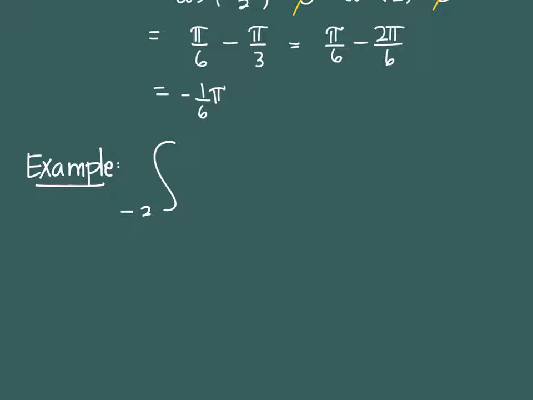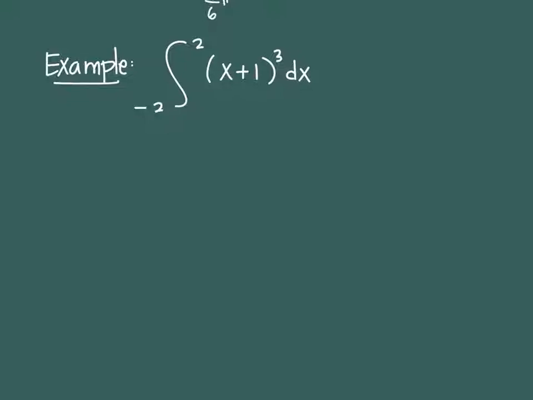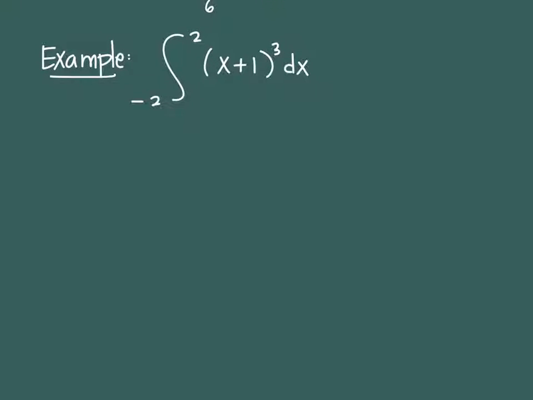All right, let's go from negative 2 to 2 of the function x plus 1 to the third. So this is a cubic function. Cubics are those snake-shaped graphs. Plus 1 means it's moved 1 to the left. And so this graph looks like this.